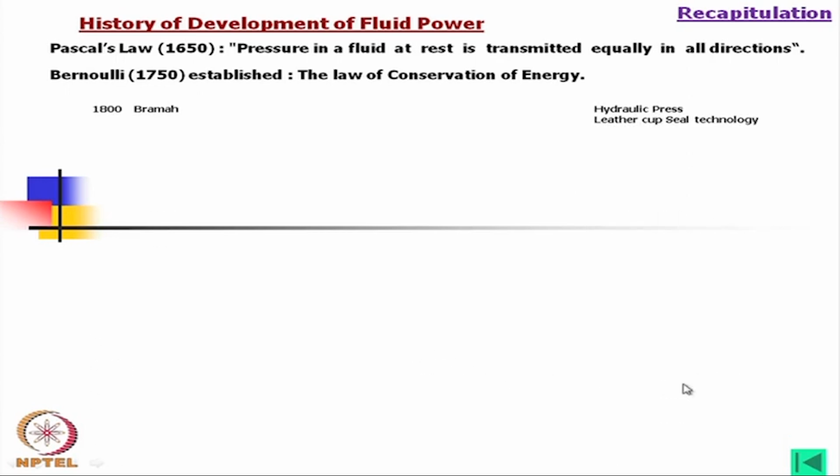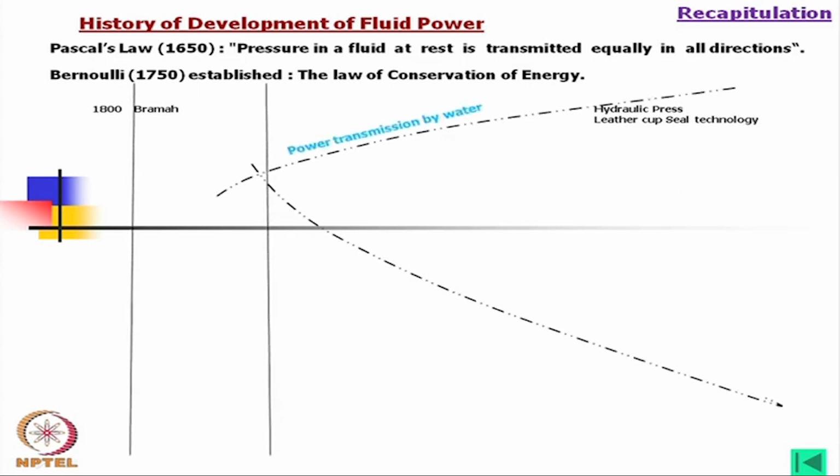Then in 1800 Bramah first invented the leather cuff. Before that people were trying to use a press, but it was not successful because of the problem of leakage. He first invented the leather cuff, and then the press started working. Of course, at that time the fluid was mainly water.